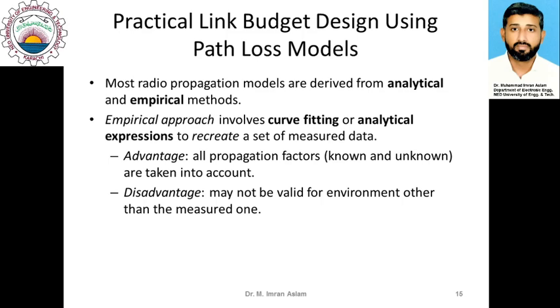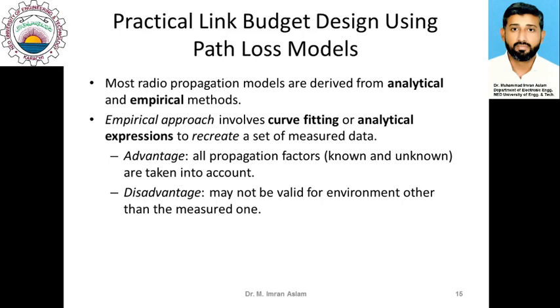But the disadvantage is that the model would be valid only for the environment for which you have done the measurements. For other types of environments you would be required to do new measurements. So that empirical model would be valid only for a limited type of environment for which you have conducted the measurements.